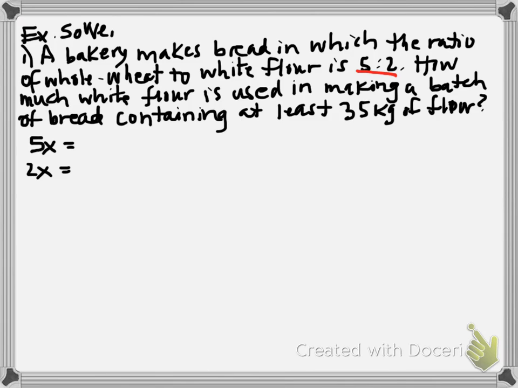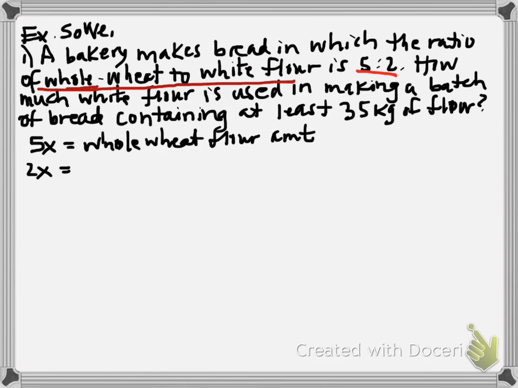Now, the order that the ratio is written in, 5 to 2, mirrors the order of the words of the object, so whole wheat to white flour. So that makes the 5x the whole wheat flour amount, and the 2x the white flour amount.